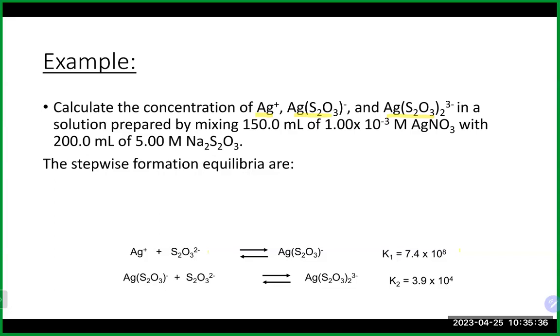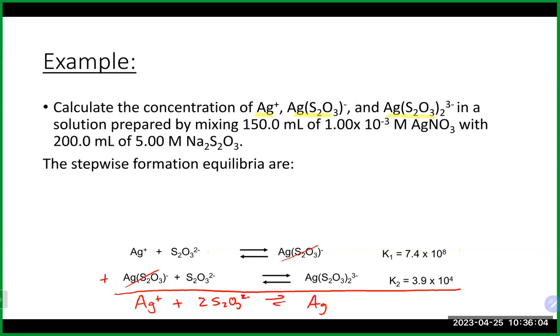So we're looking for everybody's concentration here. We do have the stepwise formation. If we wanted to, we can add these together, and that will give us the overall reaction that's taking place here, which is really our silver plus a couple of these S2O3 2 minuses, which would be our ligands in this case.